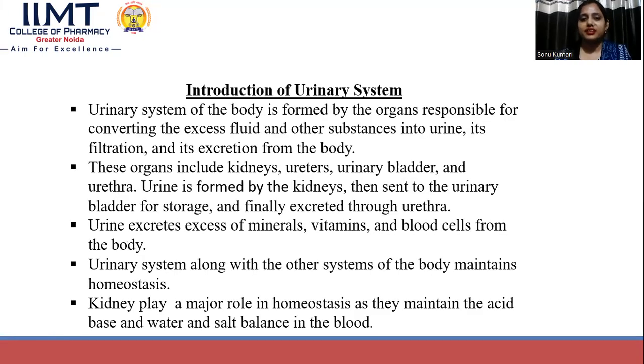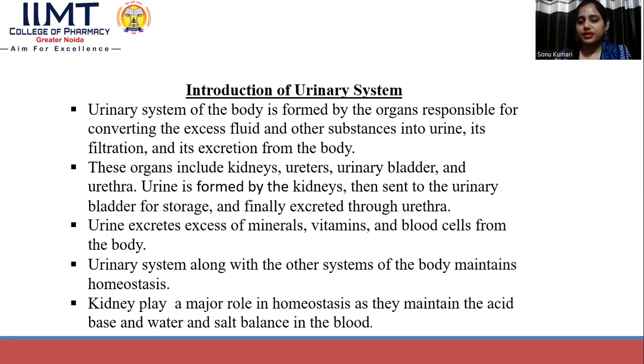Now let's start with the introduction of urinary system. The urinary system of the body is formed by the organs responsible for converting the excess fluid and other substances into urine, its filtration and its excretion from the body.